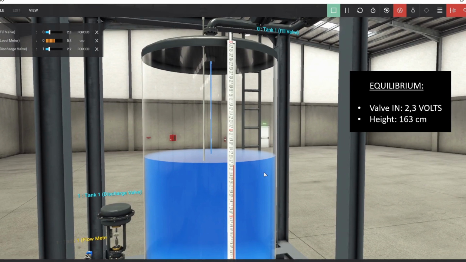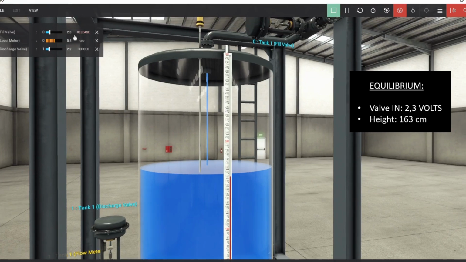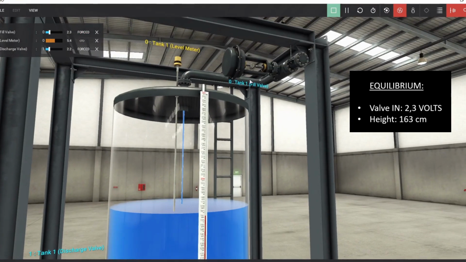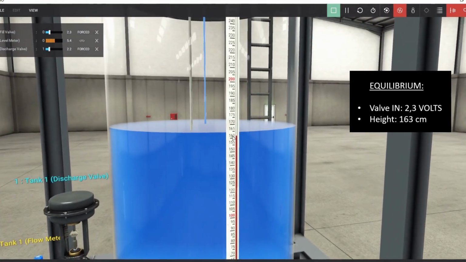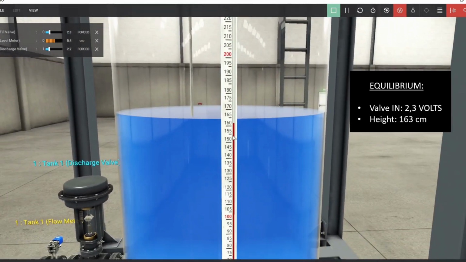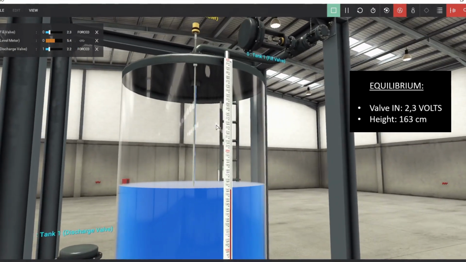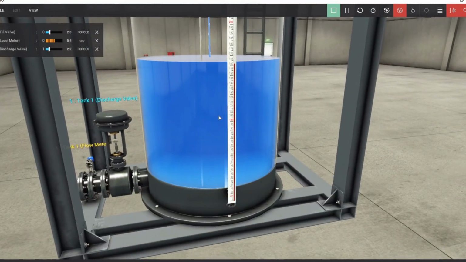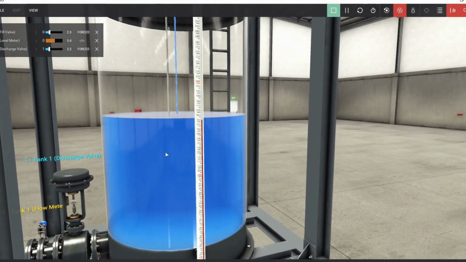So a value of 2.3 volts at the entrance valve will lead to an equilibrium situation at about 1.63 meters.